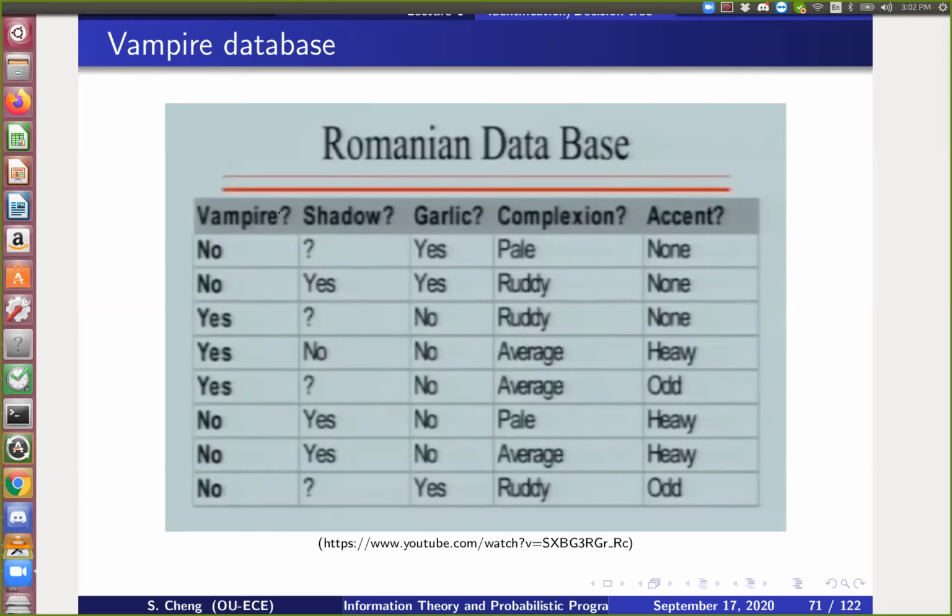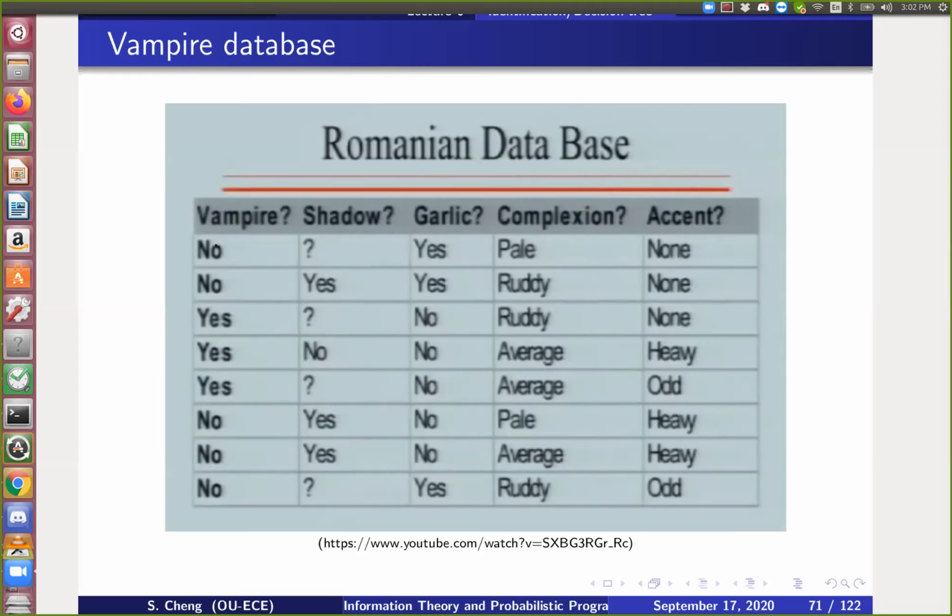So we have a number of simple features here, like, let's say, whether someone has a shadow, whether he's afraid of garlic, and what his complexion and accent are, and so on. Let's say we have 8 data points here. Some of these guys are vampires and some are not.